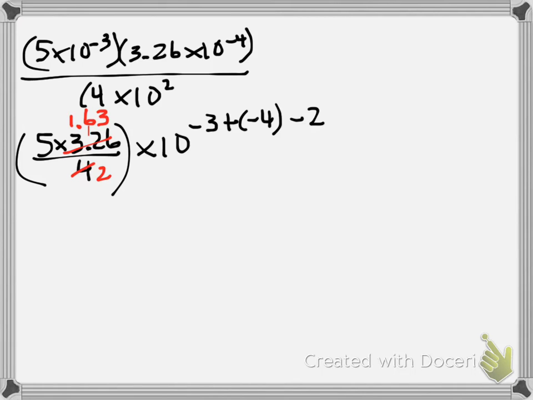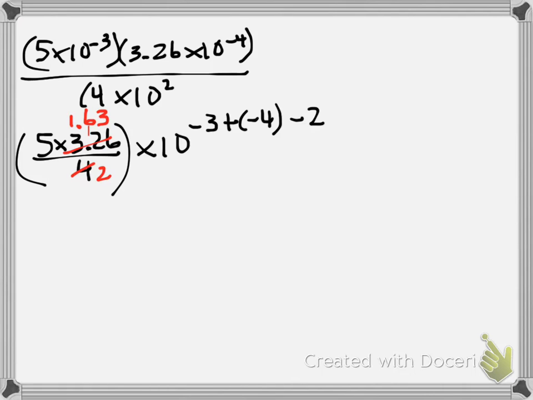So what I'm doing is making my numbers a little simpler to deal with. Now, 2 can't go into 1.63, can't go into 5, so at this point I'm going to stop. But it's easier for me to divide by 2's than it is by 4's. Not to say that I can't do it, but for some people. And sometimes in these problems, the number in the denominator goes completely into the number in the numerator, and it makes it much simpler to deal with.